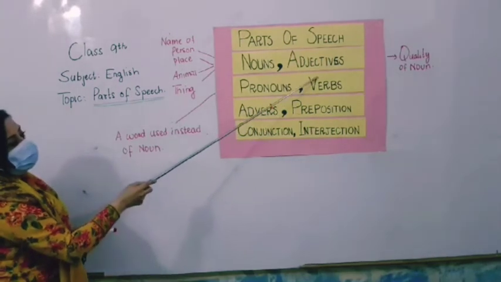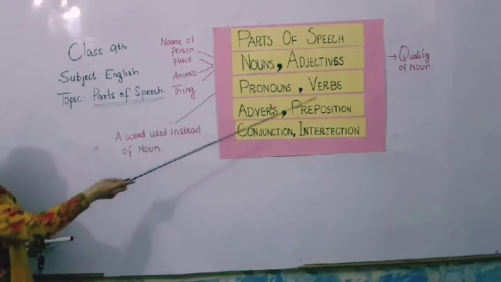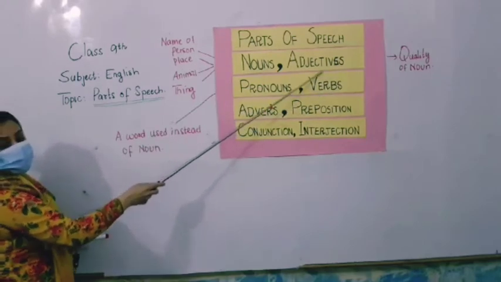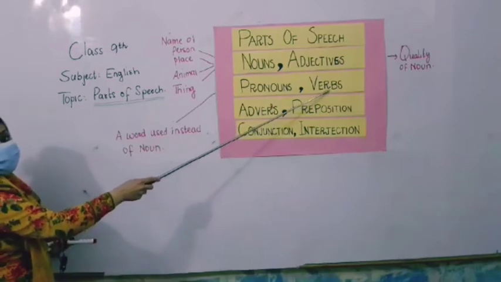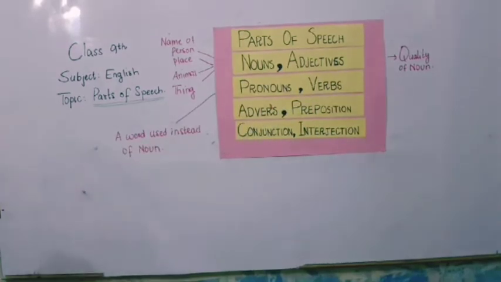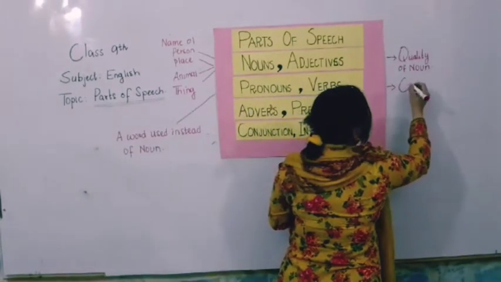The fourth and the most important one, because all of these nouns and pronouns tend to do action. Now the action word is basically called a verb. A verb is an action word.